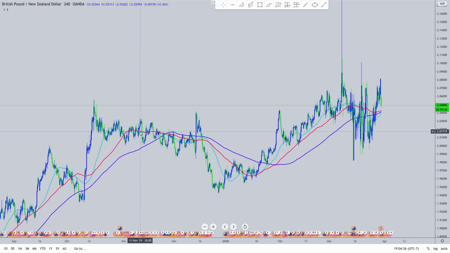So if you look at this red line, which is the 100, it takes the average price of these 100, and that's what it is. As you can see, it's basically in the middle, because that's the average price, if that makes sense.